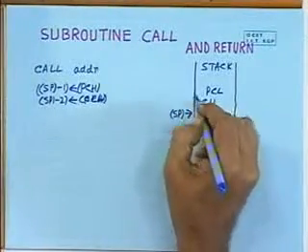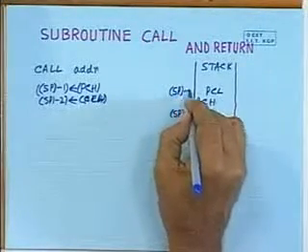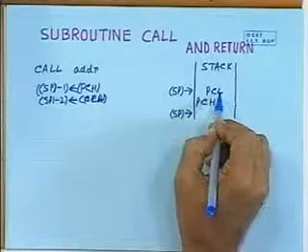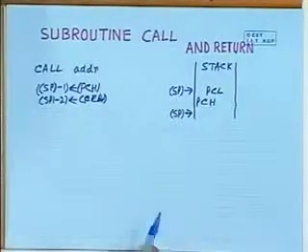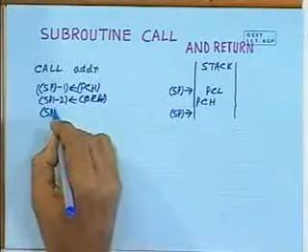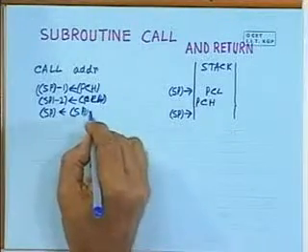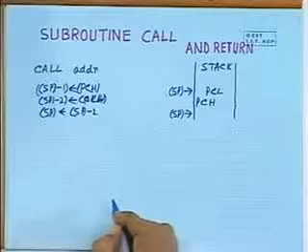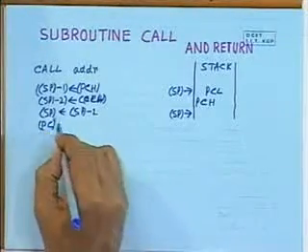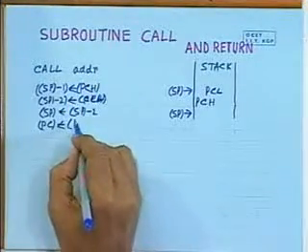So after performing this instruction execution, the stack pointer will point to this location where the lower order byte of the program counter is stored. The stack pointer will have the value SP-2, and the program counter will be loaded with a new value where your subroutine is stored.